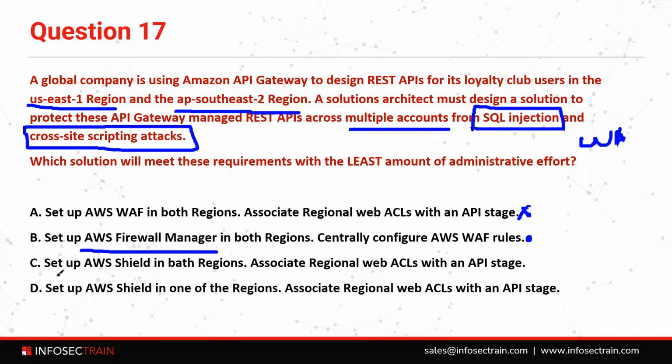Next, set up AWS Shield in both regions. Sorry, there is a little bit of a typo here, but it is completely incorrect: associate a regional web ACL with the API Gateway. Remember, AWS Shield is only for DoS or DDoS attacks. In the examination, when the question categorically mentions that you want to protect your infrastructure from a DoS or DDoS attack, then AWS Shield is the answer, nothing else.